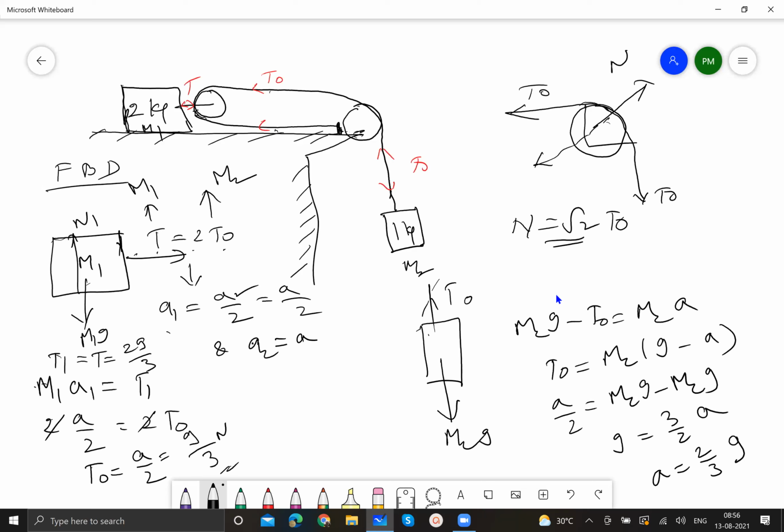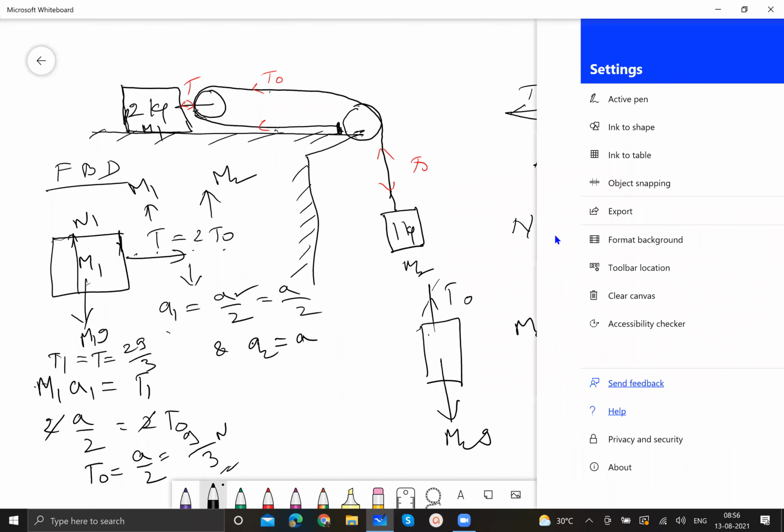Now let us bring friction into the picture. Completed. Good. So it is given: M1 is equal to M2 is equal to M0.